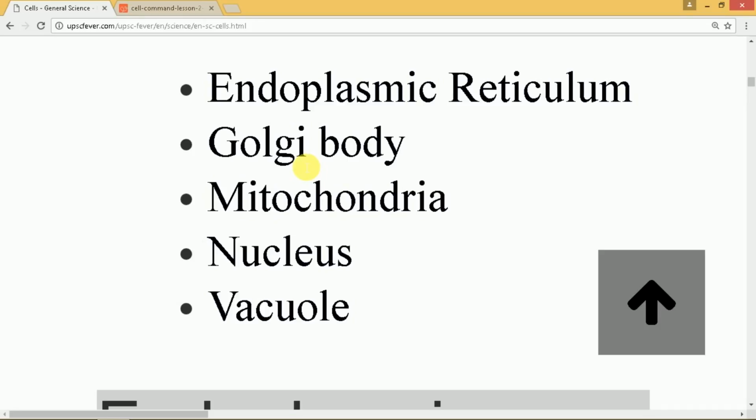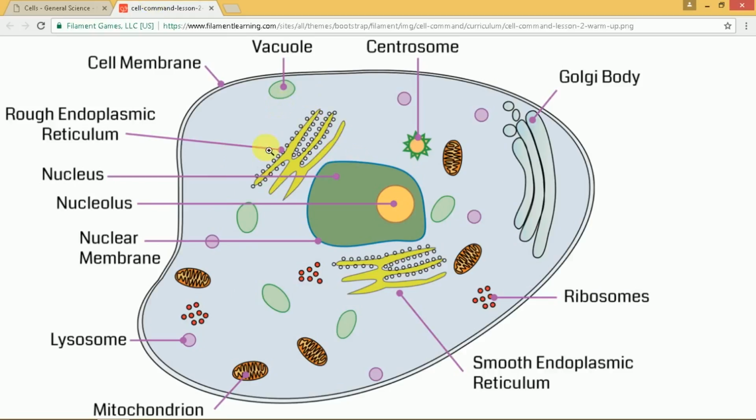Endoplasmic reticulum serves as a transportation channel between various regions of the cytoplasm, or between the cytoplasm and the nucleus. So in this diagram, you can see the rough endoplasmic reticulum and the smooth one.